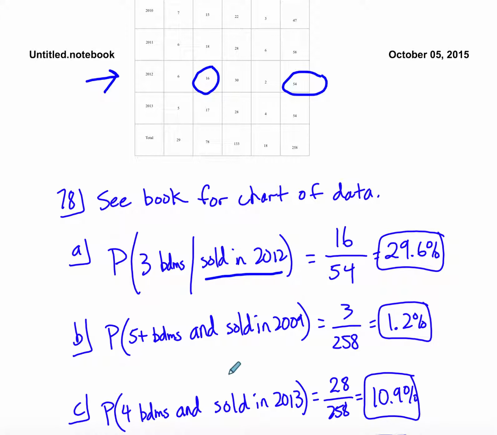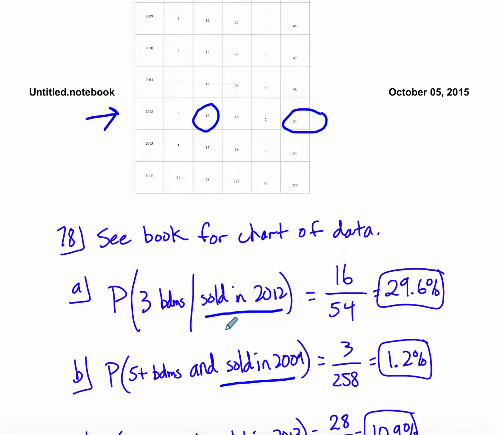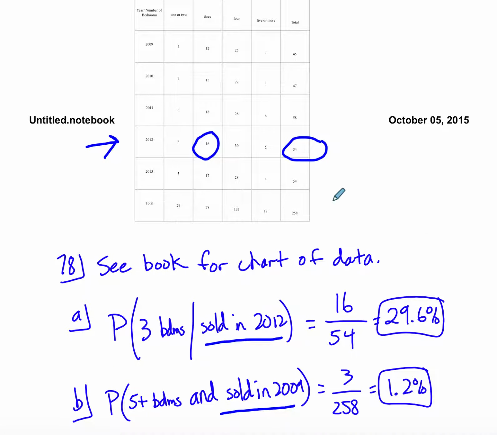Let's say part B is the probability the house has 5 or more bedrooms and was sold in 2009. Oh no, I'm not given that information. Sorry. This is the probability of 5 or more bedrooms and sold in 2009. Because I'm not given any information, I am going to use the total number of houses he's actually sold, which is 258.